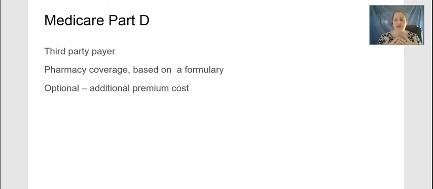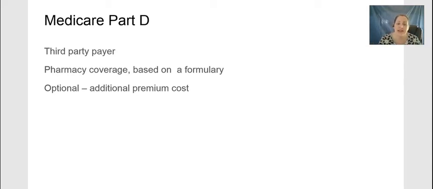Well, there was no pharmacy coverage. Well, finally, Congress in Washington, D.C. got together and addressed this problem, and Medicare Part D was actually signed into law by President Bill Clinton. So you can see how recent that was. I know 20 years ago it doesn't seem so recent, but it is.